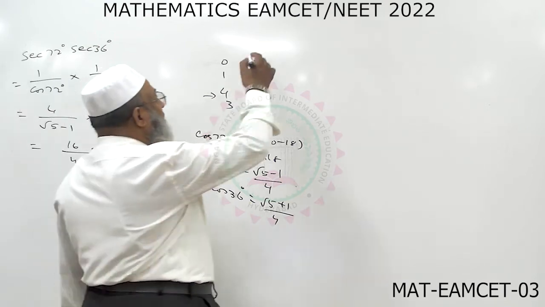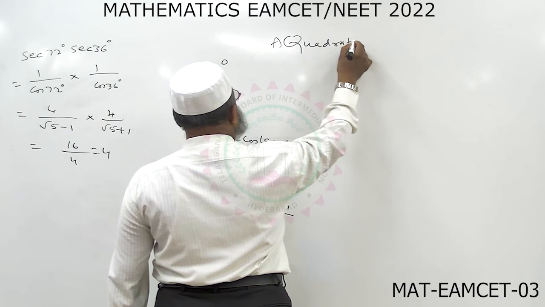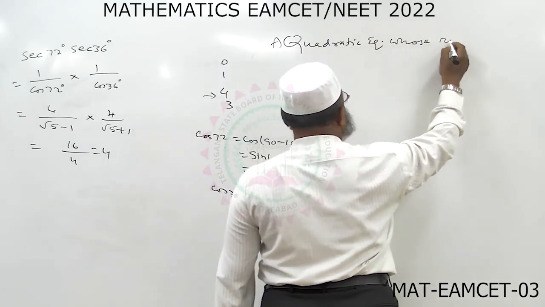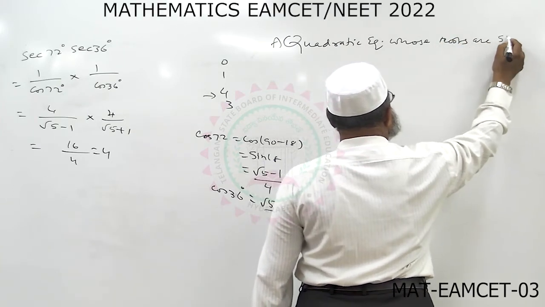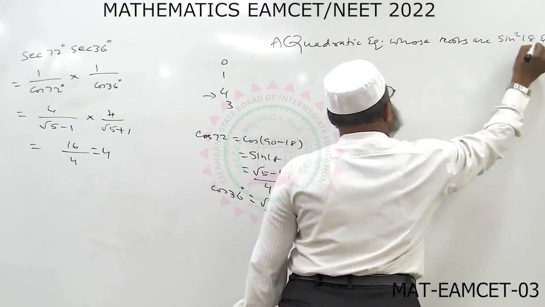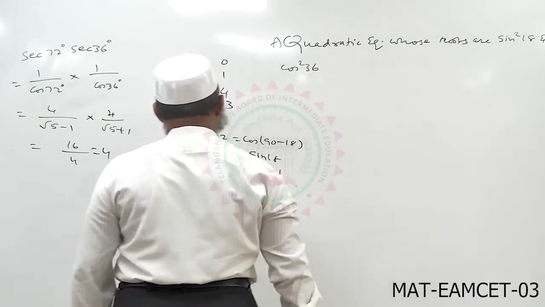Next question is a quadratic equation whose roots are sin square 18 and cos square 36.